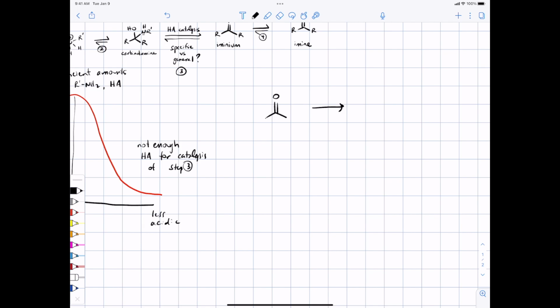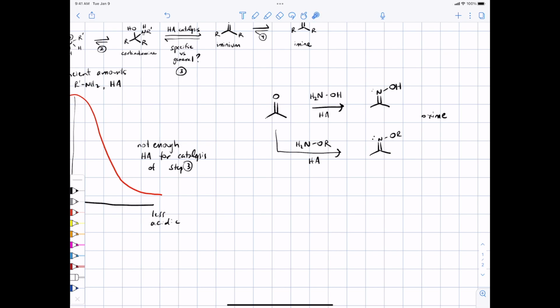If you use a hydroxylamine with an acid catalyst, or if you use an alkoxyamine, and we'll just be general, we'll say this is OR, you can end up with this oxime, and both of these are generally called oximes, and those can be relatively stable.